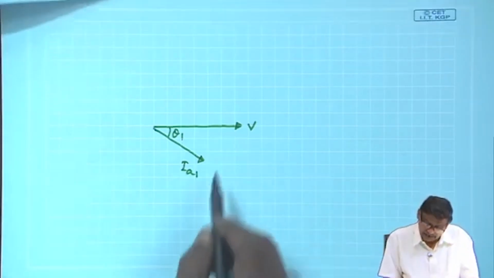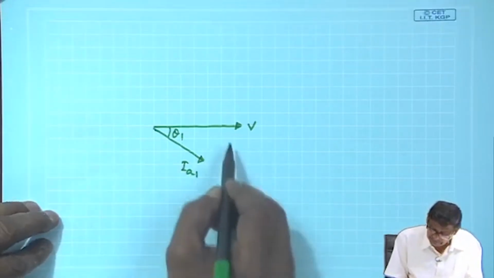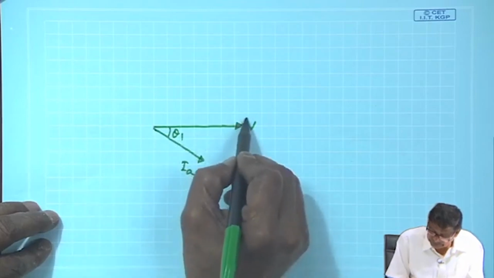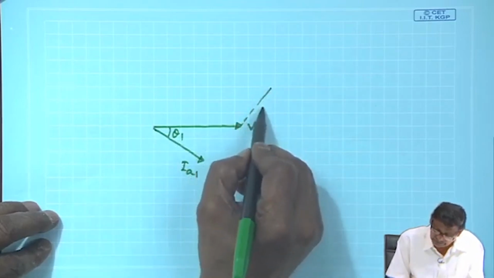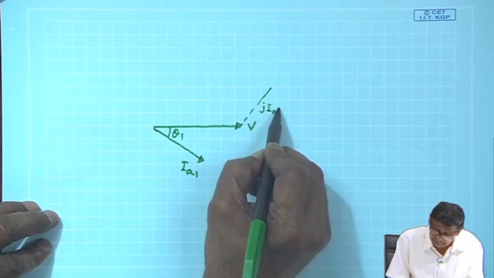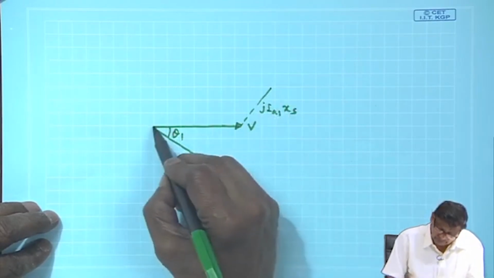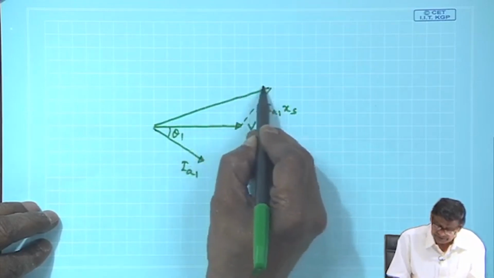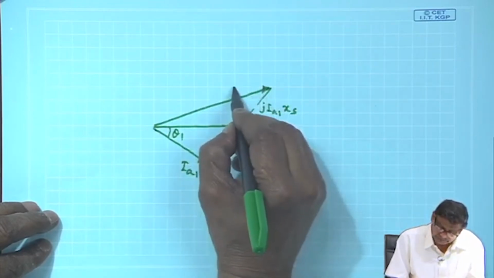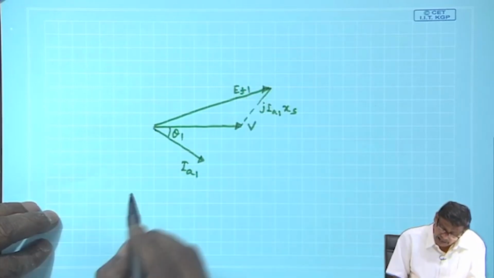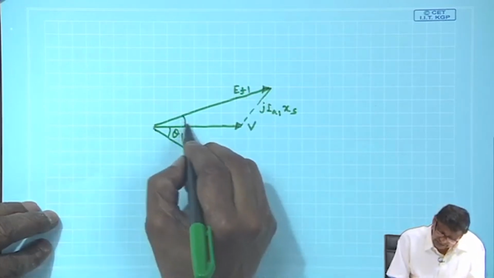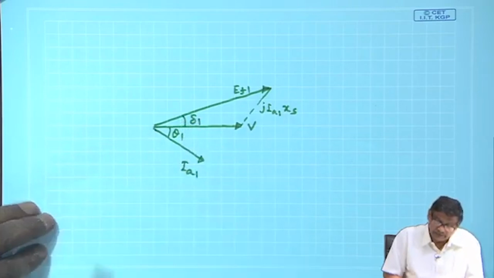So, this is V plus j IA1 XS, this will be your excitation EF1, and the load angle is delta 1.